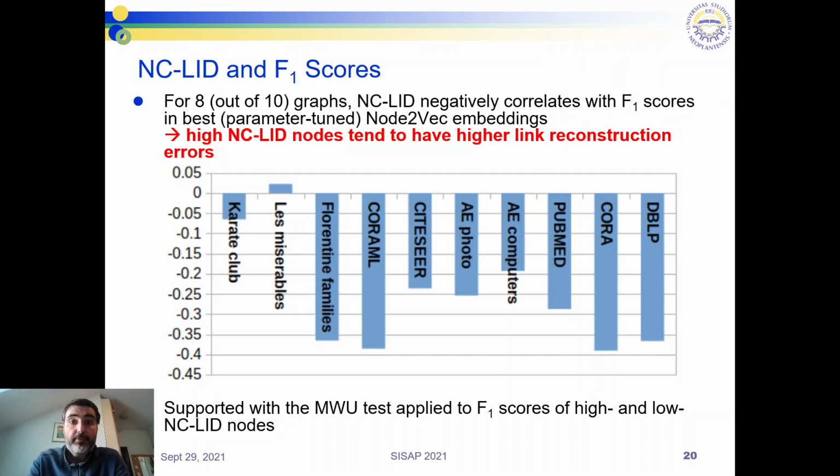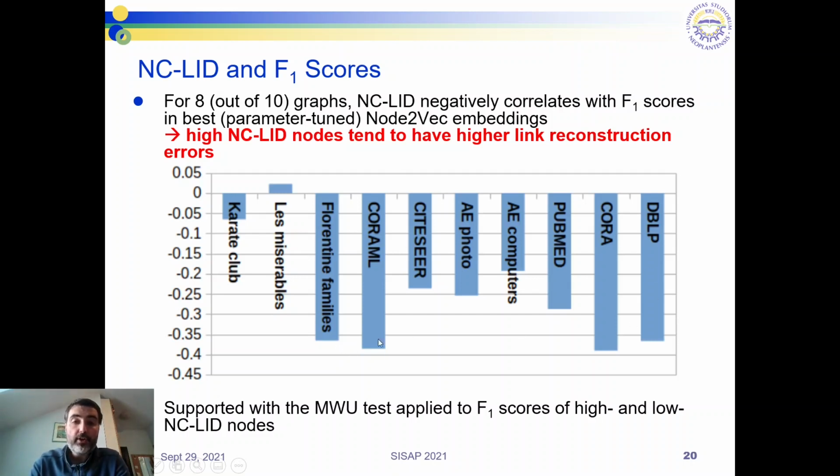We looked at the correlation between NCLID for a given dataset for every node and the F1 score, the reconstruction of the neighborhood for that node. And it turns out that for most datasets, this correlation is negative.